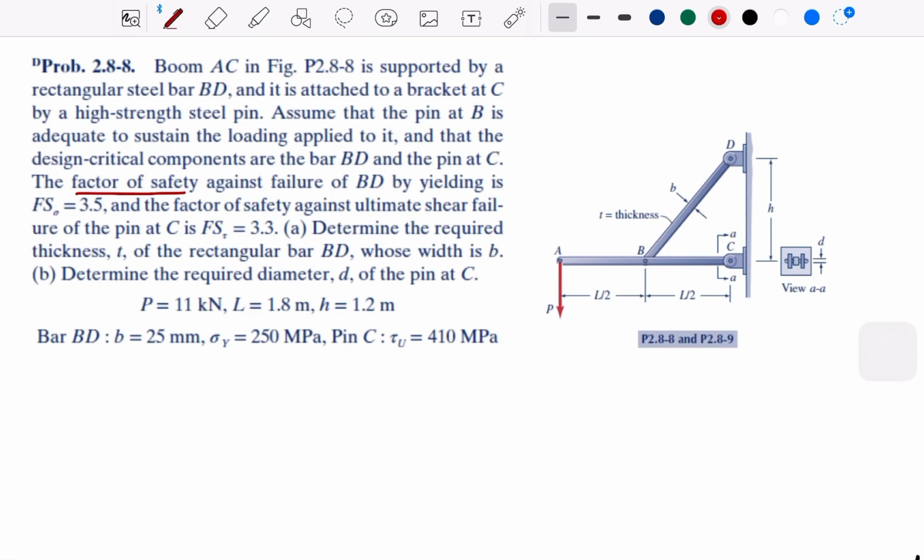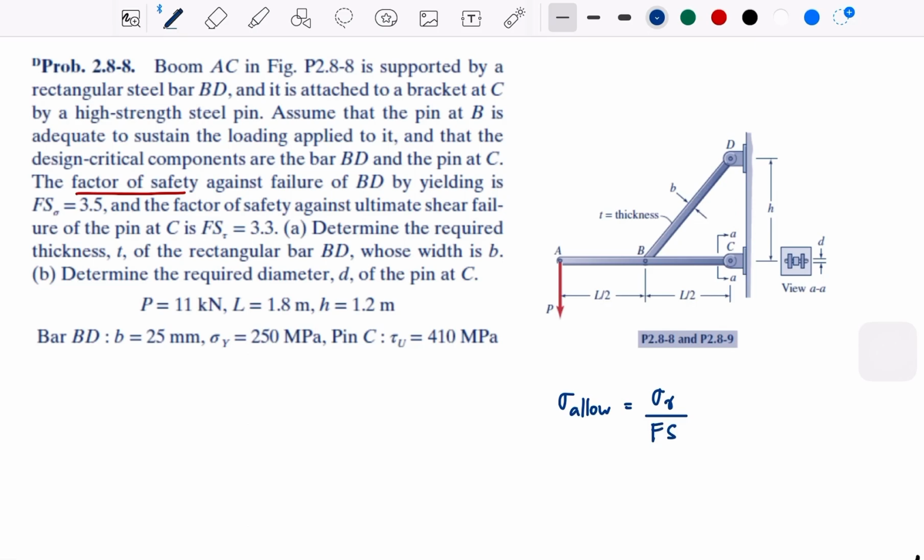Okay. Because we have a safety factor here, to help relate the question, we can take the safety factor as, if you remember, sigma allowable equals sigma yield over the factor of safety.